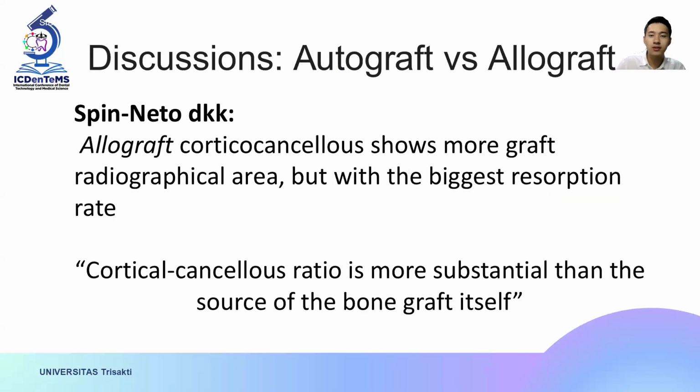So the corticocancellous allograft showed more radiographical area than autograft, but with the biggest resorption rate. So the author concludes that the ratio of cortical and cancellous bone is more substantial than the source of the bone itself.